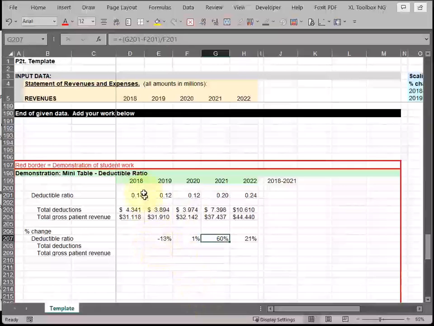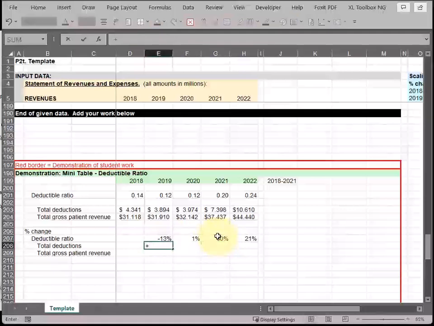And the first part of the story is, okay, so what caused that increase? So let's look at the next rows below it and do the same percent change. That equals current year minus previous year, there, divided by previous year.